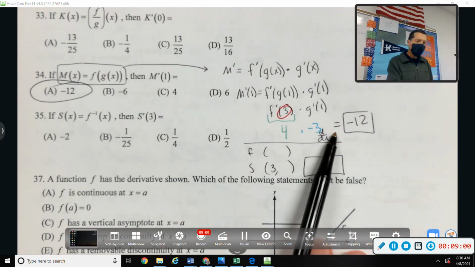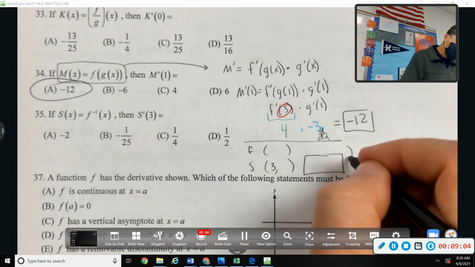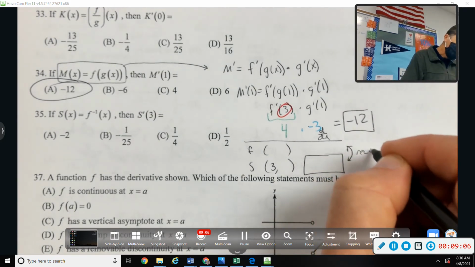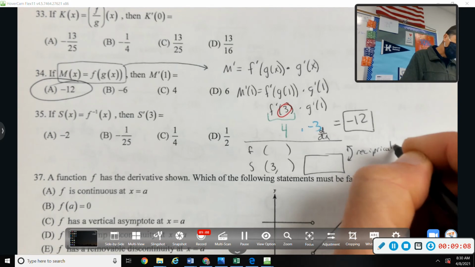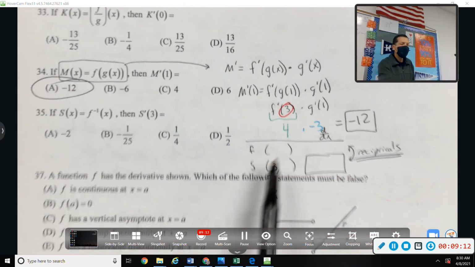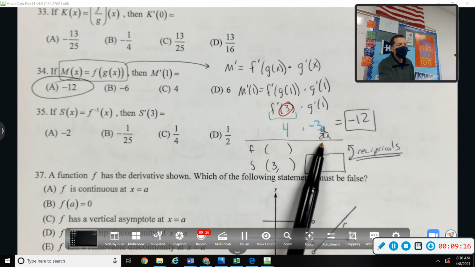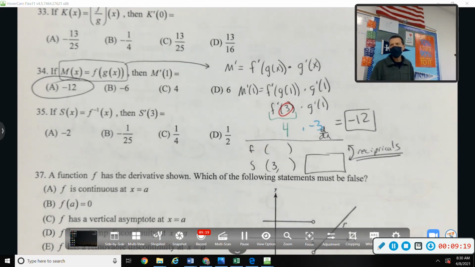So I want the derivative of s at 3. That's where I'm headed. But do you remember that these two things are reciprocals? That's sort of the main point of this problem. So I need to figure out what this point is, then what its derivative is, and then I'll flip it over and that'll give me my answer.